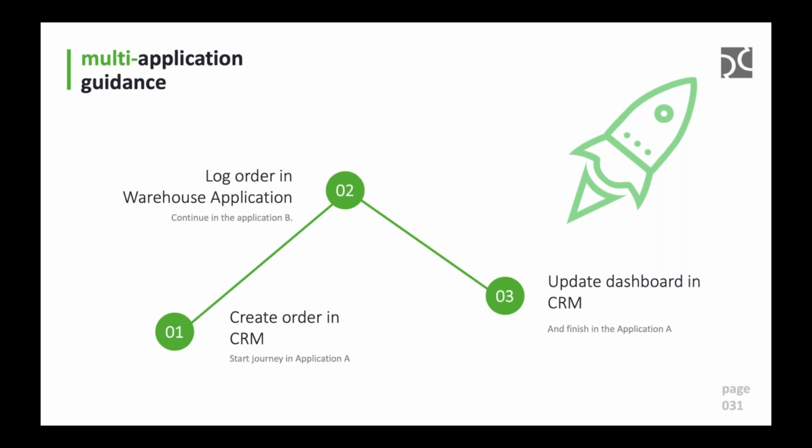They care about use cases, about scenarios, where the scenario may actually involve multiple apps. So I may need to create an order in the CRM system, which is application A, and then I need to go to the warehouse application B to create an order also there. And then I go back into the CRM system and I update my dashboard.